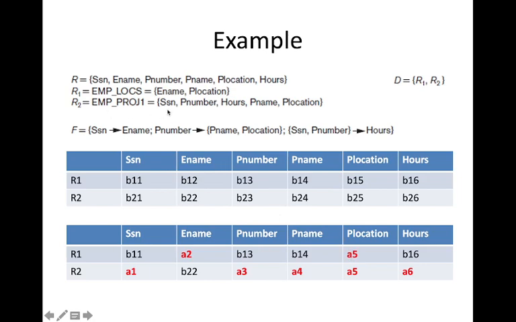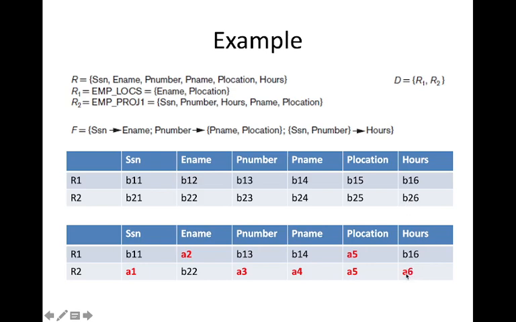In the second relation, we have SSN. So SSN should be set to the Aj value, that is A1. Then we have P number. P number is B23, and we make it A3. Then we have hours, which we set as A6.